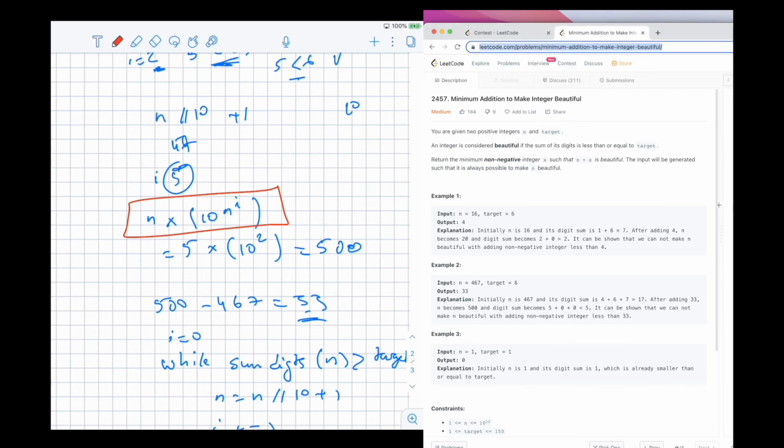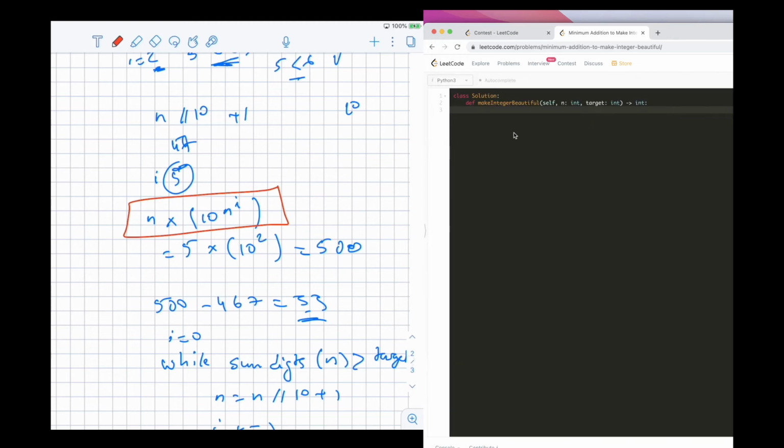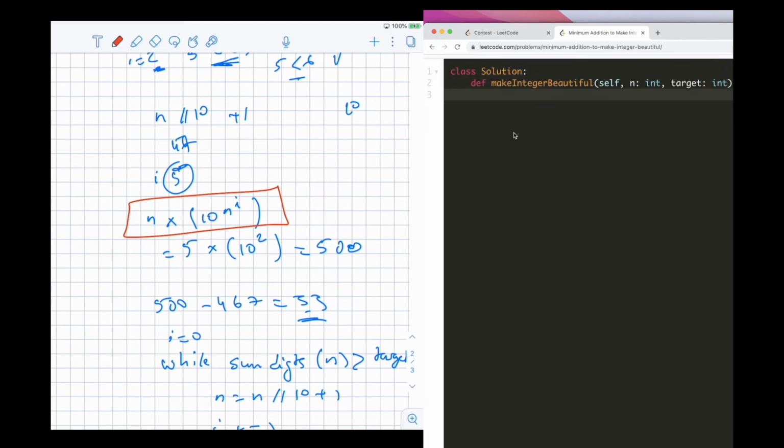Cool. So let's do that. So what do we need to do here? First we need to record the starting n value because we'll change it. And then we'll do while, we want i to store how many multiples we need to keep.